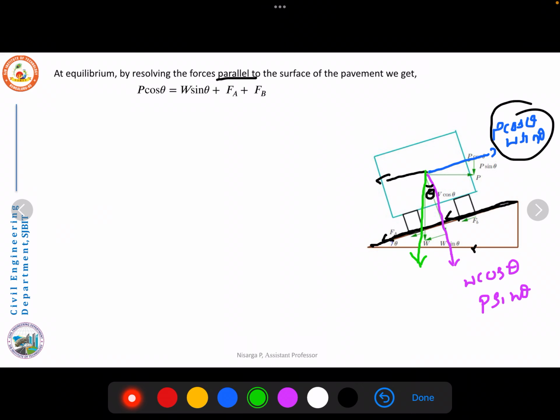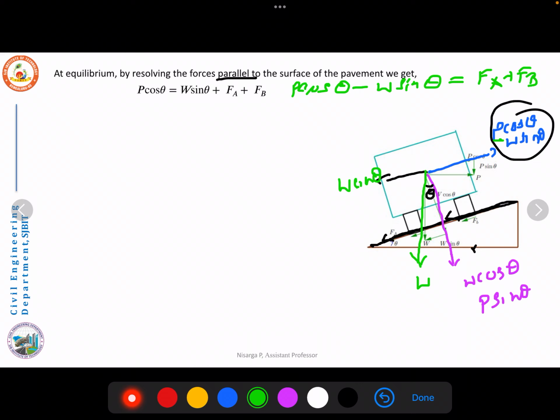When we resolve it, we will have W sin theta, which will be in the opposite direction. So the forces acting in the horizontal direction will be P cos theta minus W sin theta, which will be equal to the frictional forces in the opposite direction, that becomes Fa plus Fb.